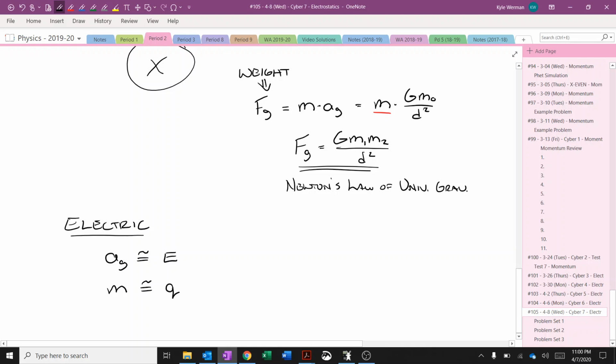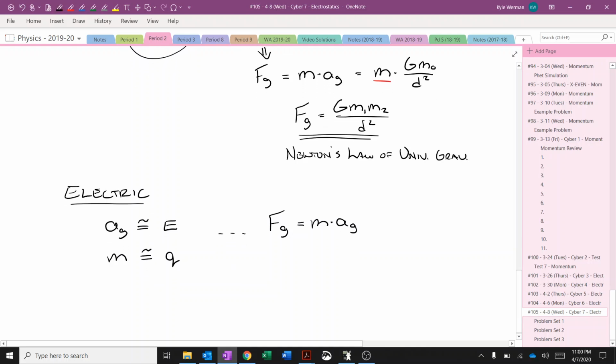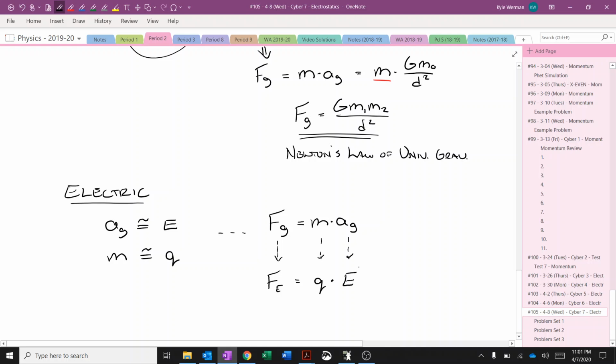Well, if that's the case, then the weight or the force of gravity in a gravitational field, which is just mass times the field strength of gravity, Ag, well, you could probably extrapolate that the force in an electric field would just be the charge times the strength of the electric field.